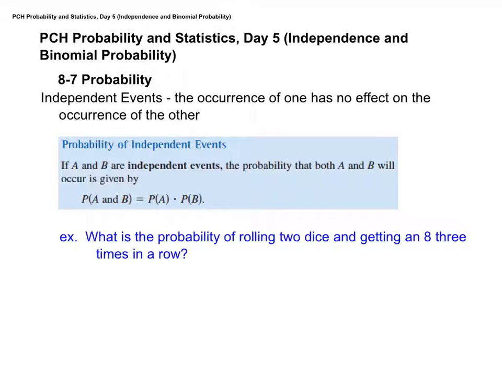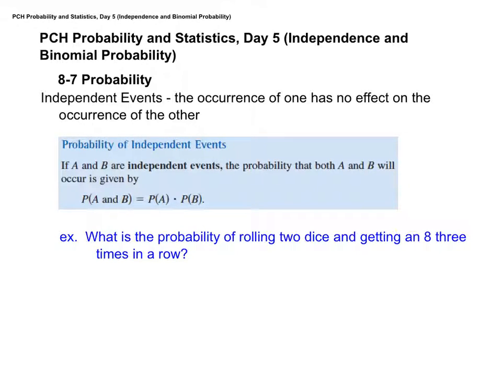For example, if I flip a coin and it lands on heads, and I pick that coin up and flip it again, does the fact that I just got a heads matter? No. The probability of getting a head or a tail is still 50-50. Those are independent events, where the occurrence of one has no impact on the occurrence of the other. Some of them are logical like that, like rolling dice or flipping a coin.